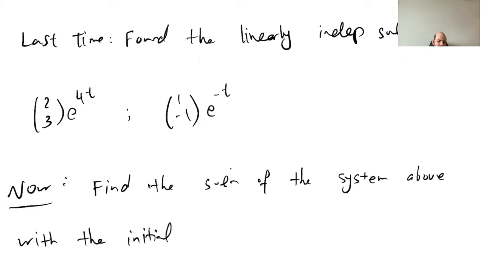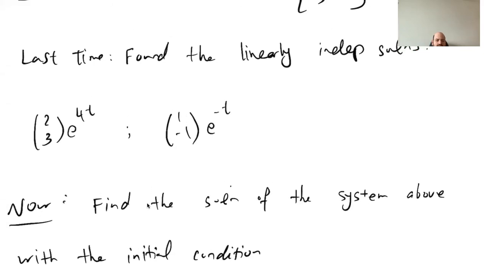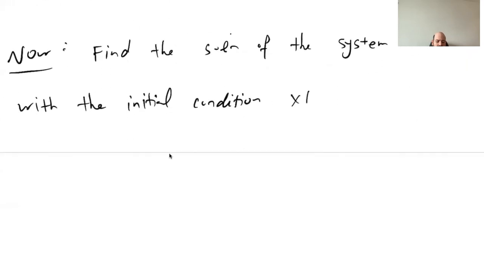Let's add the initial condition to our problem, and that helps us find the coefficients in the linear combination. So let's say the initial condition is x of 0 equals (0, -4).